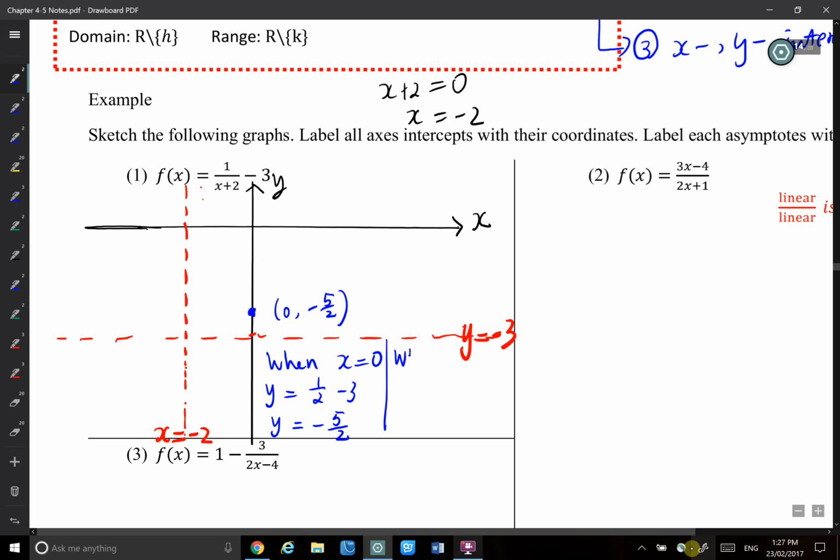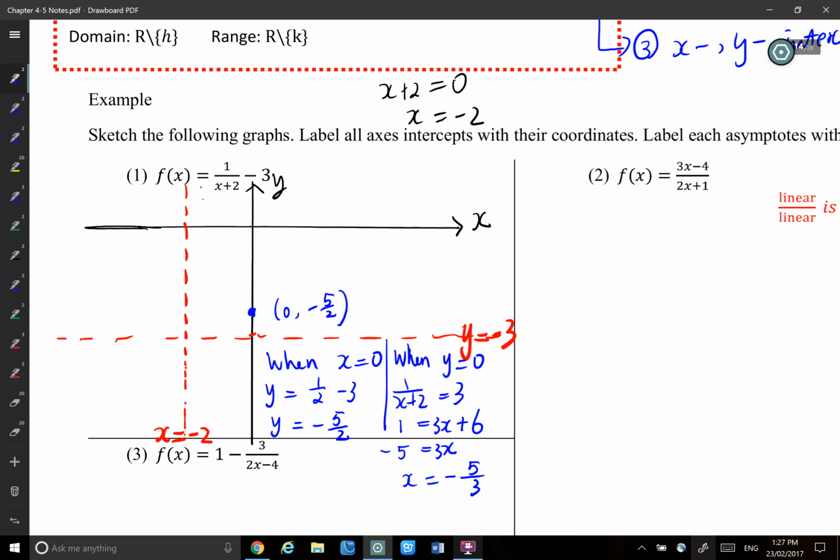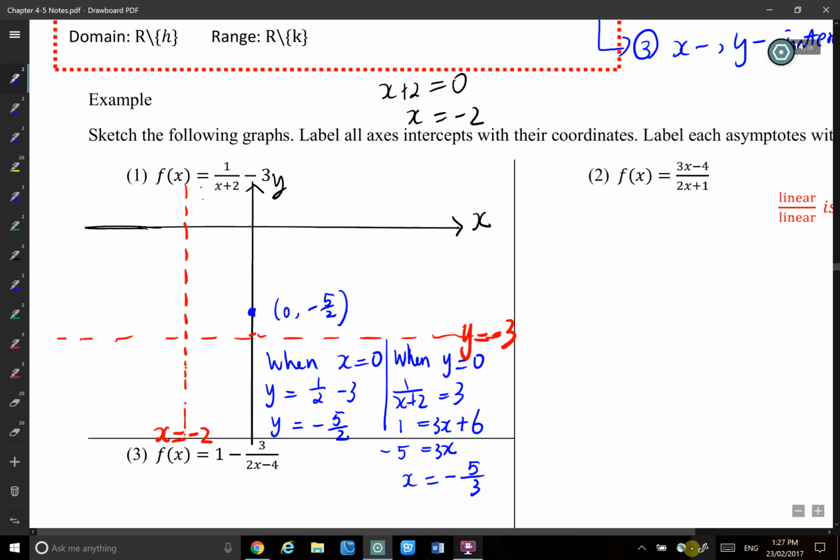And when y equals 0, 1 over x plus 2 equals 3, so 1 equals 3x plus 6, negative 5 equals 3x, so x equals negative 5 over 3. So we have the point here, which is (negative 5 on 3, 0).